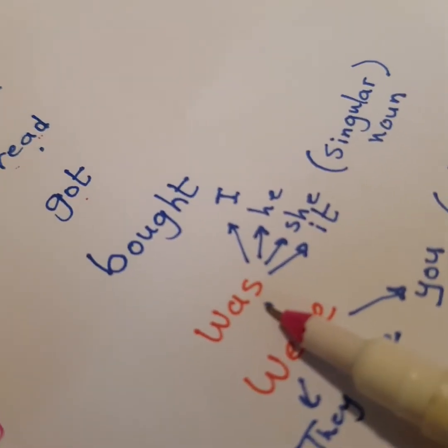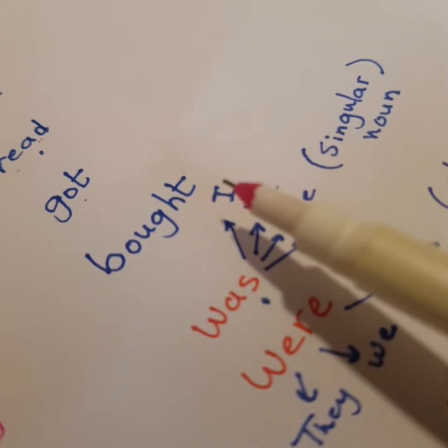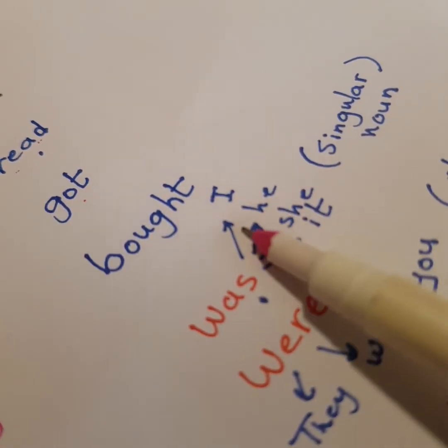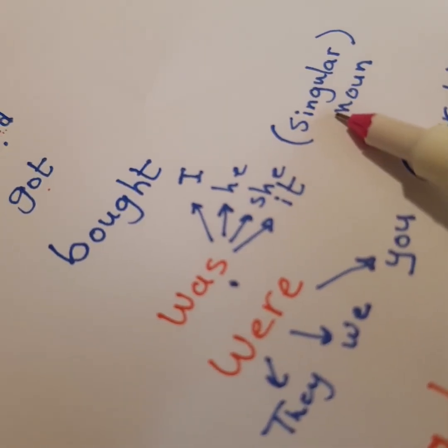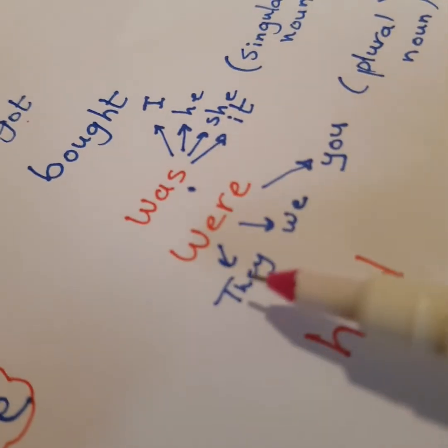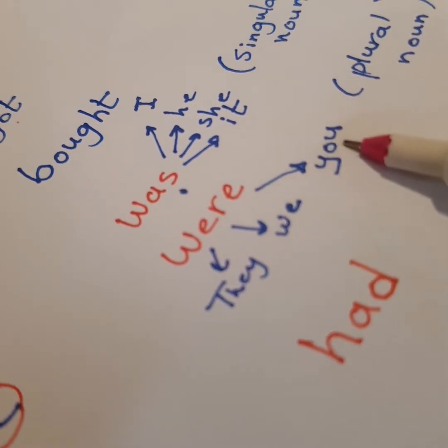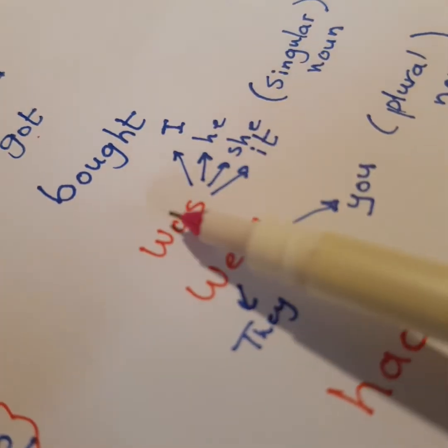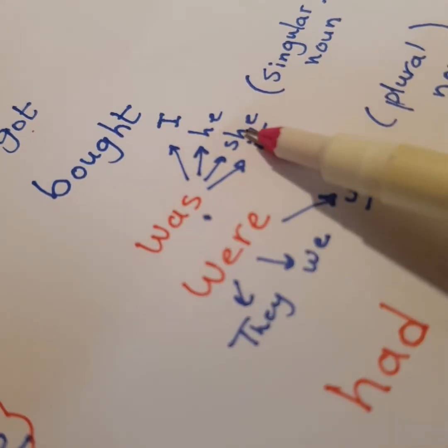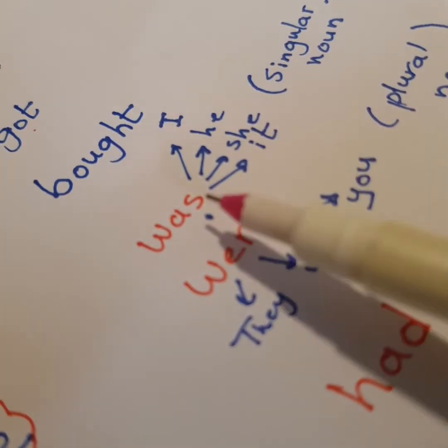So was, we use it with I, he, she, it, or any singular noun. Were, we use it with they, we, you, or any plural noun. So I say, I was, he was, she was, it was.